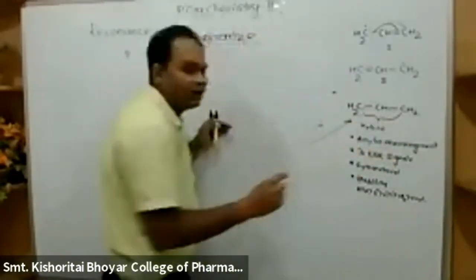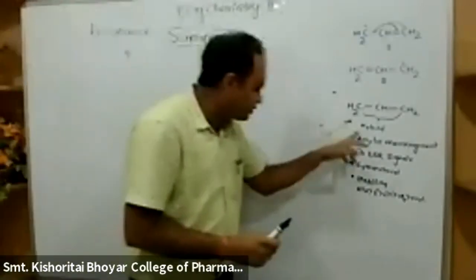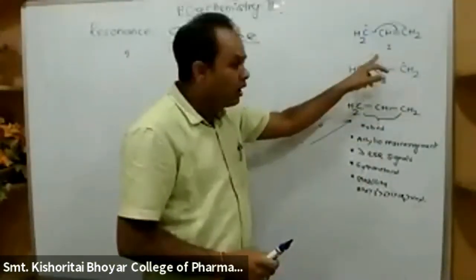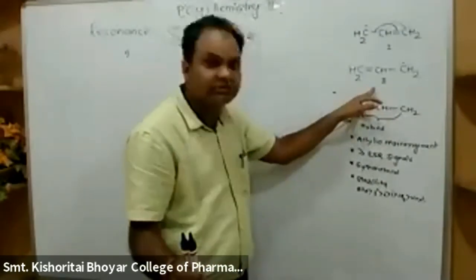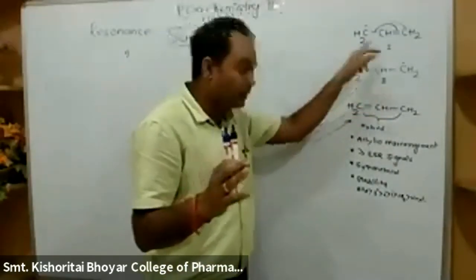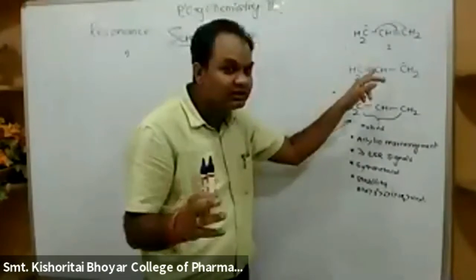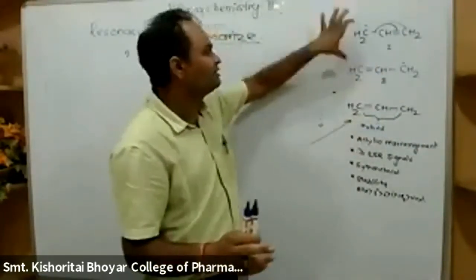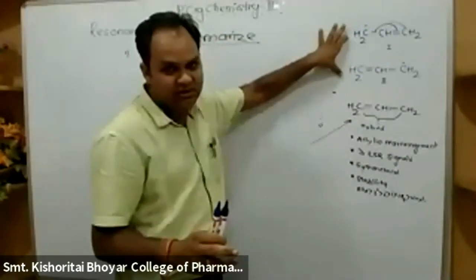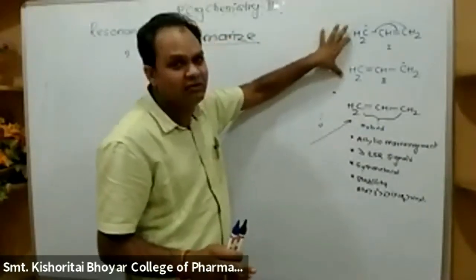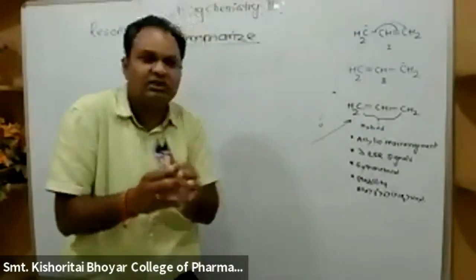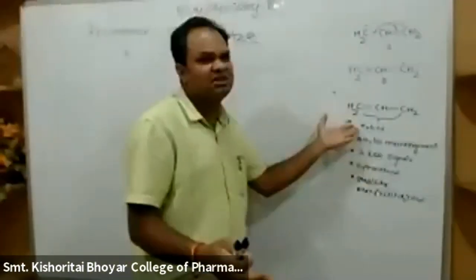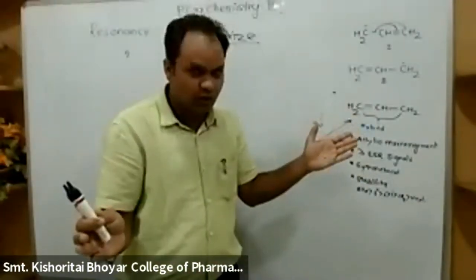Resonance hybrid explains the actual structure of the molecule, and this resonance hybrid is made up of contributing structures or resonant structures or canonical structures. Only condition is that the stability of the resonance hybrid depends upon the stability of contributing structures. Okay, if the contributing structures are equivalent, अगर कोई structure उसके तीन contributing structure है, तीनों अगर equivalent है, then the stability of the resonance hybrid increases.